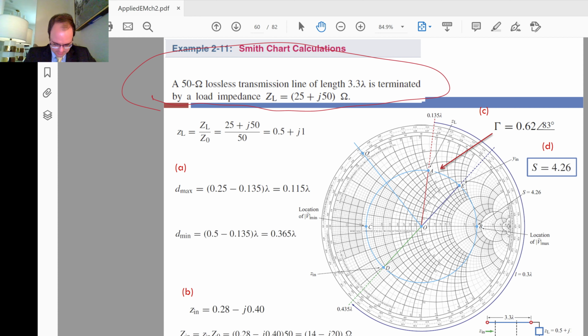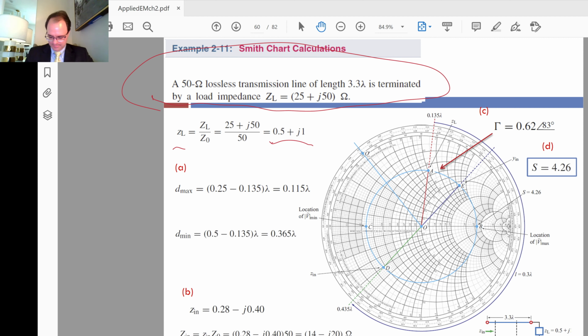They give you that the characteristic impedance of the line is 50 ohms, and Z sub L is 25 plus 50j. First of all, we have to find the normalized impedance of the load, which is given by this.